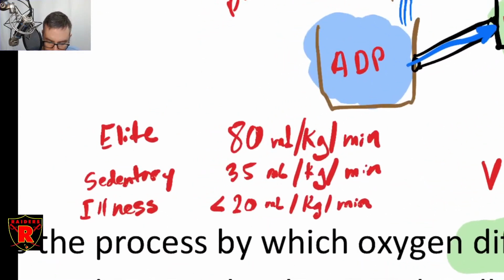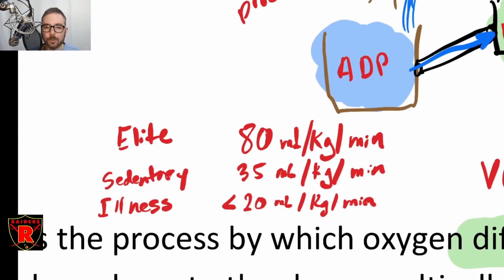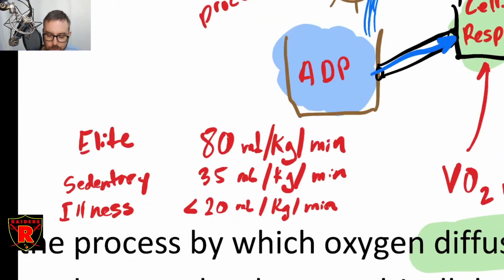So if we look at some values for this, for a typical individual, you'll notice this is measured in milliliters per kilogram of body mass per minute. So this is the amount of oxygen in milliliters. You can measure oxygen in mils per kilogram of body mass per minute of time.